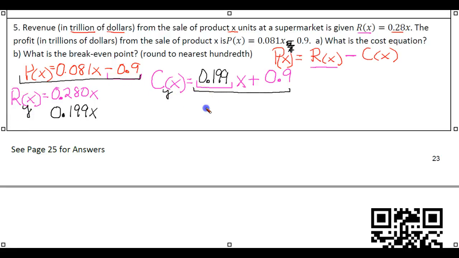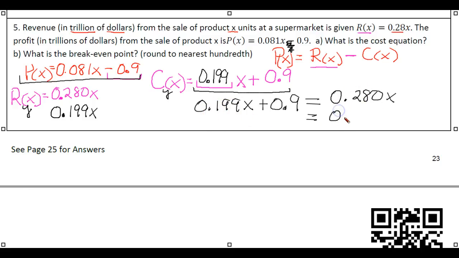So we're going to get 0.199x plus 0.9 equals our revenue here, 0.280x. Now we're going to subtract this from both sides, and we get 0.081x.